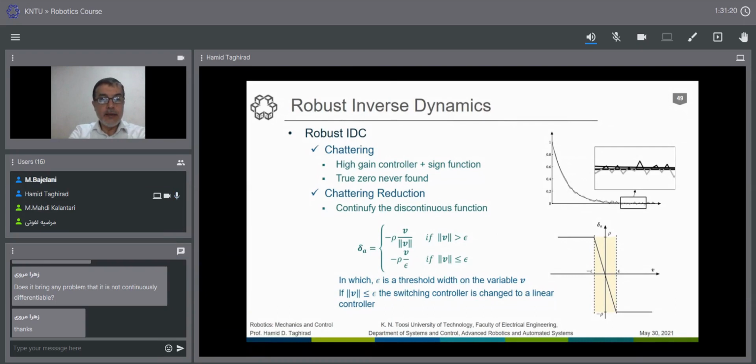In this case, do we have an advantage concerning time or response time rather than modeling the uncertainty directly or modeling the error? No, actually, if you would like to go through the robust inverse dynamics, you need to go through the method that I am mentioning.